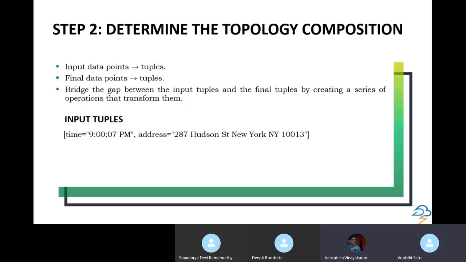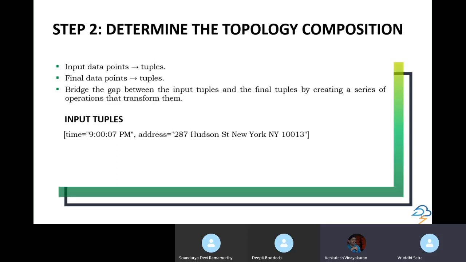But why do we call them tuples? In RDBMS parlance, a tuple is a row, which is basically one unit that has a value for each column. Here again, this can be mapped. For example, assume time is a column and address is a column, and there are values. One row in such a table would be 9 p.m. and 287 Hudson Street. So that way it qualifies as a tuple.